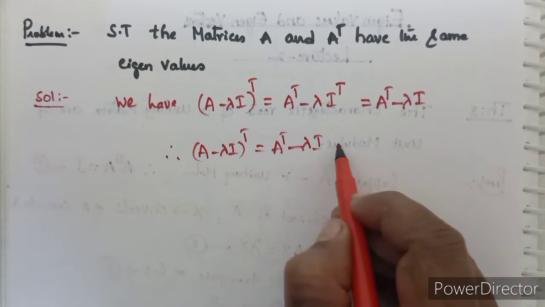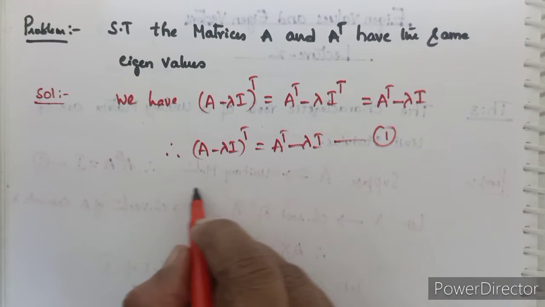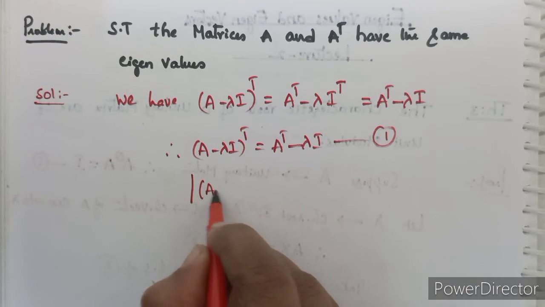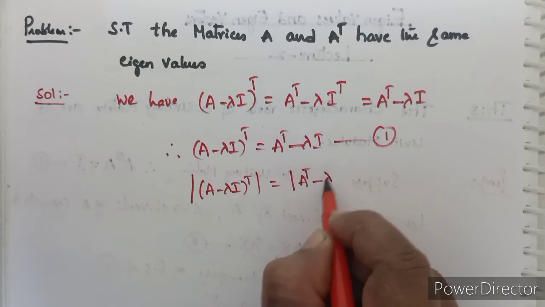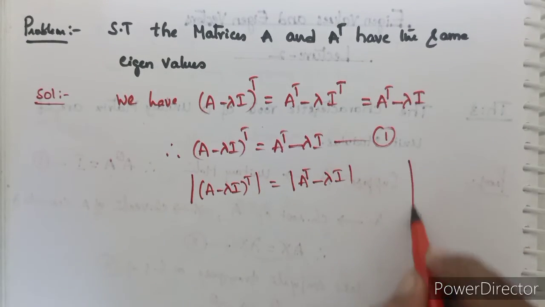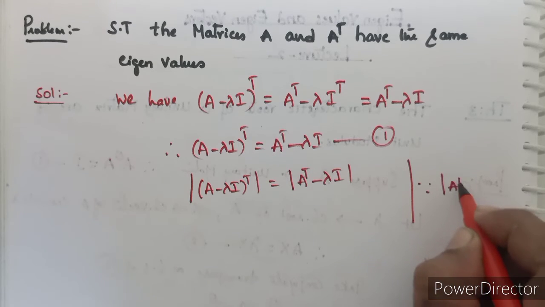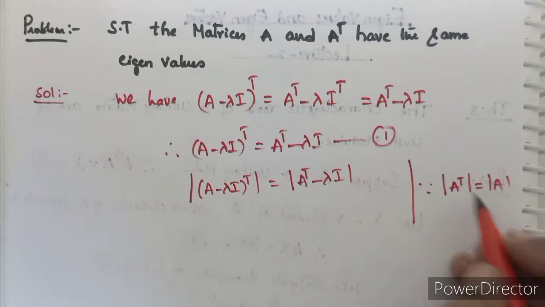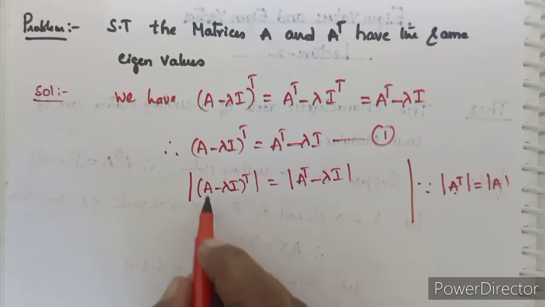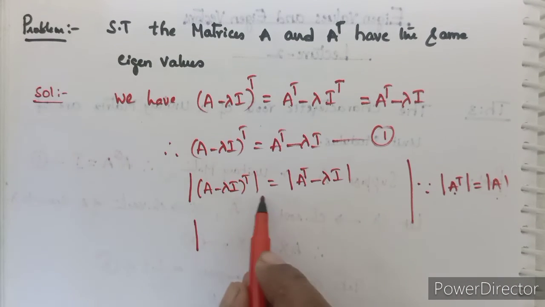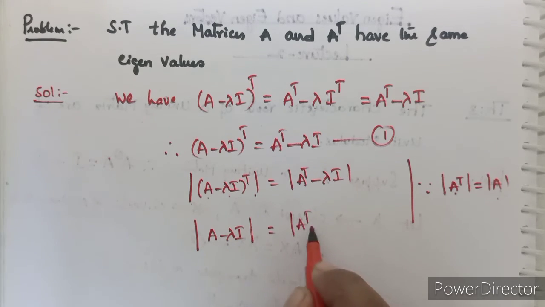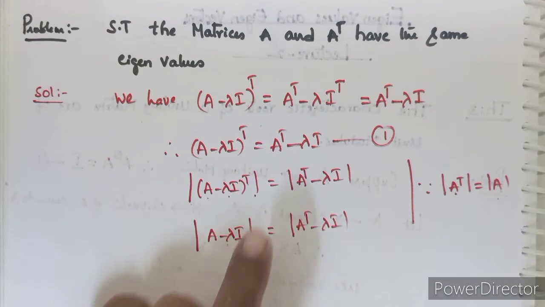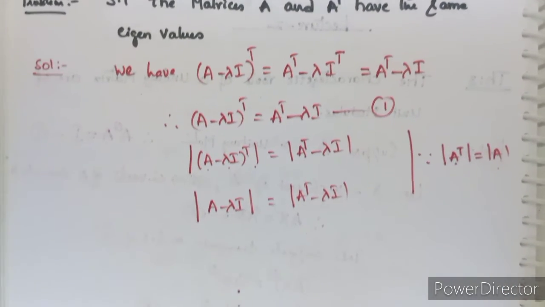We got this. Now we take determinant on both sides. det (A − λI) whole transpose is equal to det (A transpose − λI). In the determinants, we know this property: det A transpose is equal to det A. So we apply this formula here. det (A − λI) transpose is equal to det (A − λI). So we are removing this transpose by using this property.